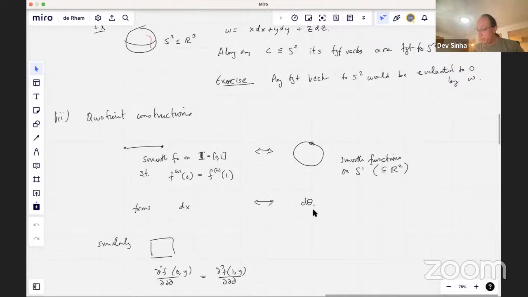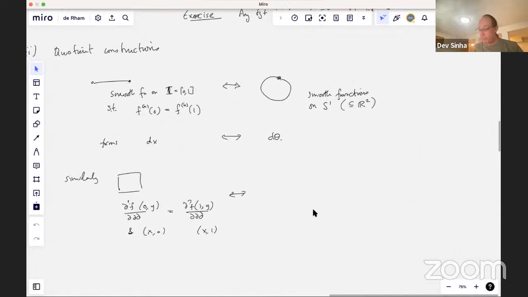and similarly for the top and bottom of the square, those kinds of functions, those periodic functions, with periodic derivatives of all orders, are the same as the smooth functions on the torus. So left and right become the same. It looks like a cylinder.